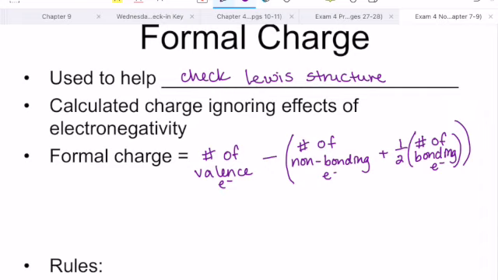And then I get sick of writing this whole thing, this large quantity every time. So I'm going to replace it with a shortcut that I'll show you. But for the first while, we're going to do both just until you get comfortable with one or the other. So the shortcut version is where we do valence electrons, so that stays the same, minus number of things touching it.